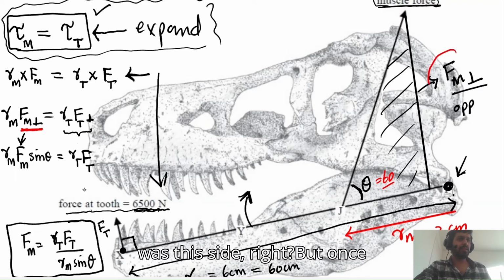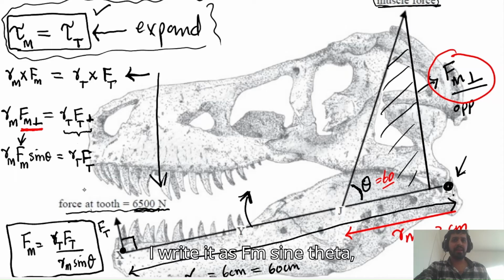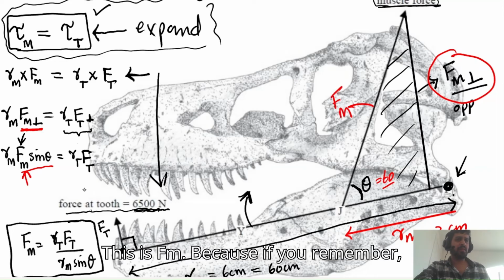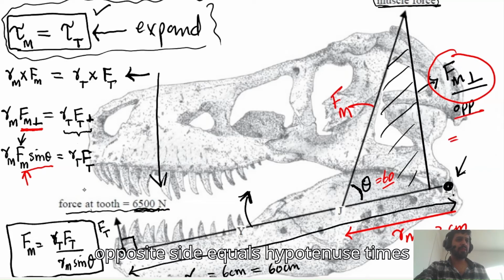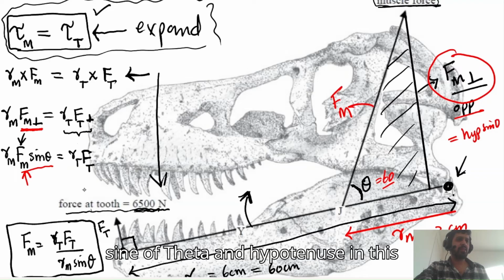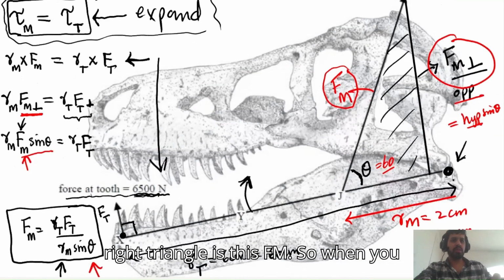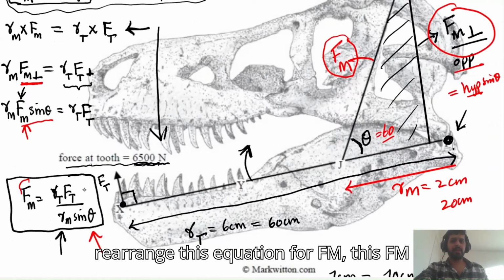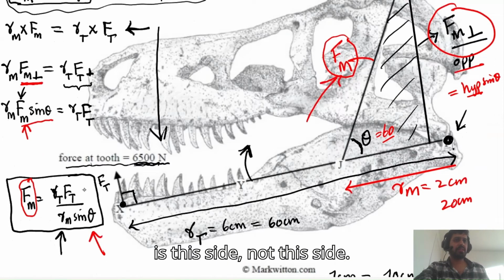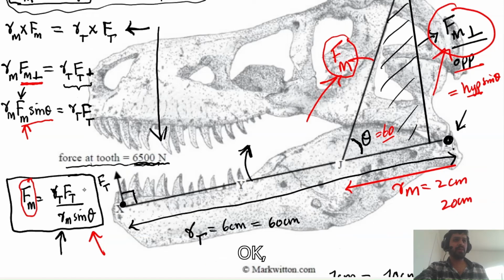Also, I hope that you can see that this Fm perpendicular was this side, right? But once I write it as Fm sine theta, this Fm is this side. This is Fm. Because if you remember, opposite side equals hypotenuse times sine of theta. And hypotenuse in this right triangle is this Fm. So when you rearrange this equation for Fm, this Fm is this side, not this side, okay?